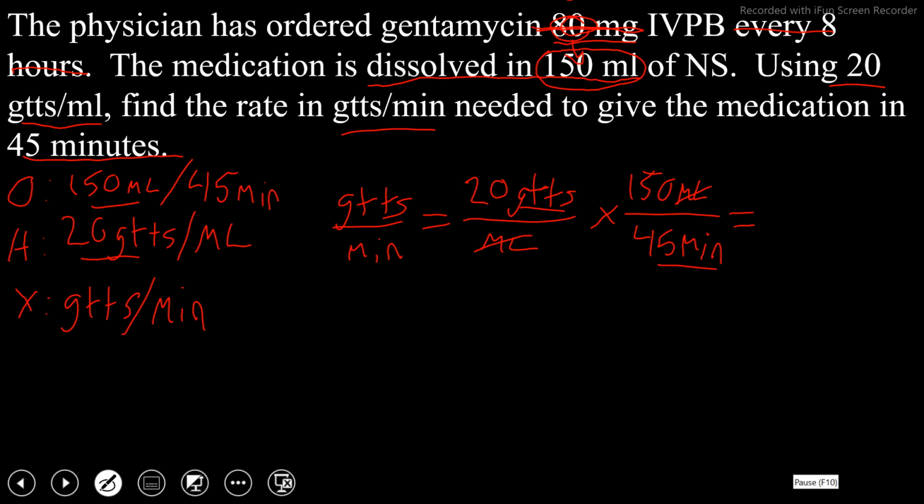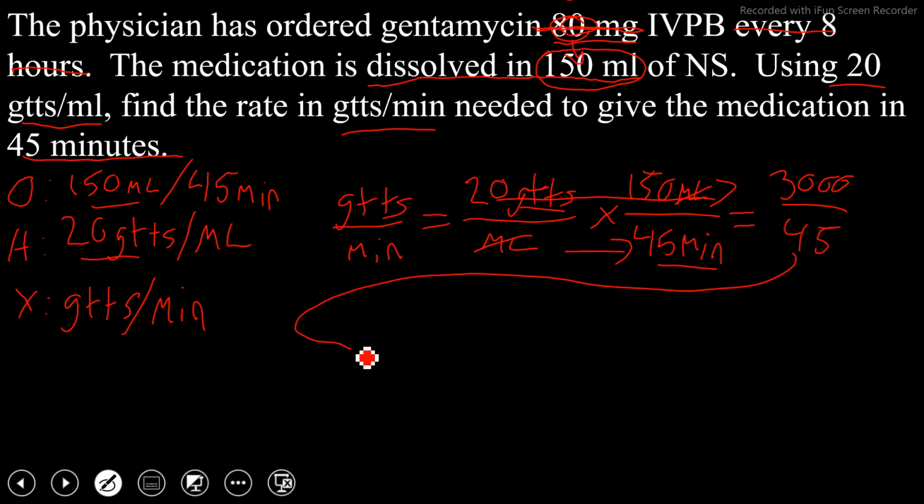Now we multiply across, 20 times 150 equals 3,000, and then 1 times 45 is 45. You divide that out, and we're going to get 66.66667. So we're going to round.